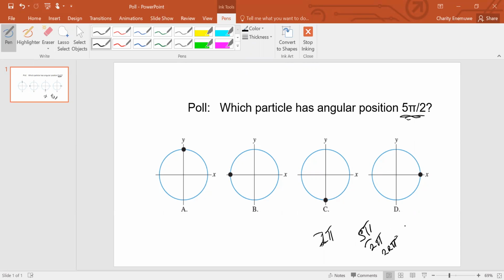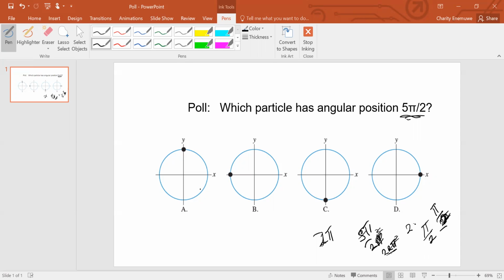So we'll have 2 revolutions, and then the pi that will be remaining over 2 pi gives us 1/4, all right?